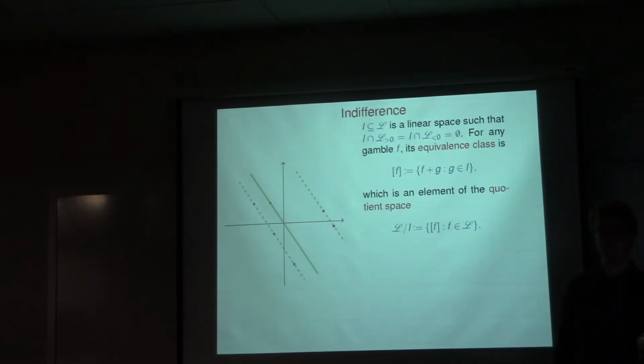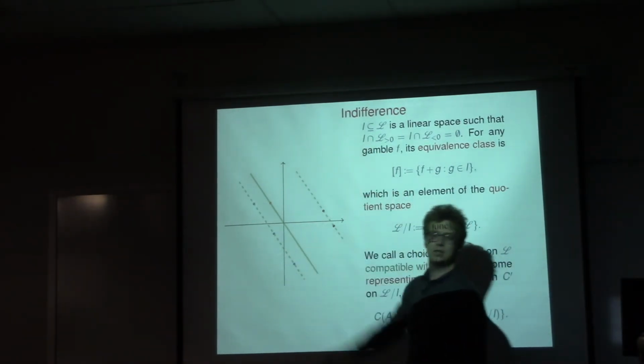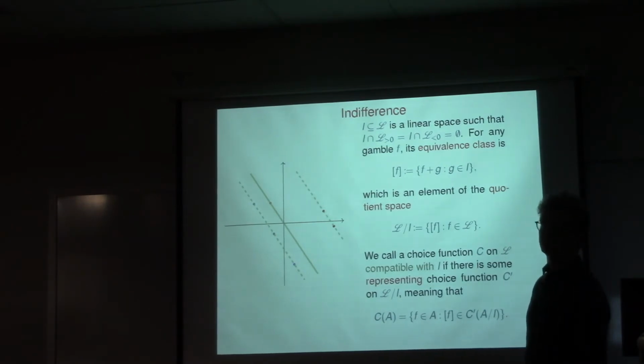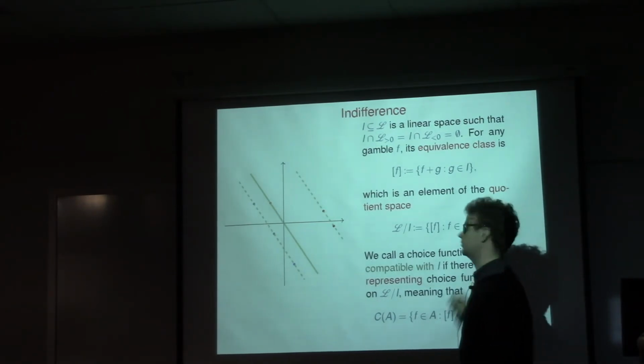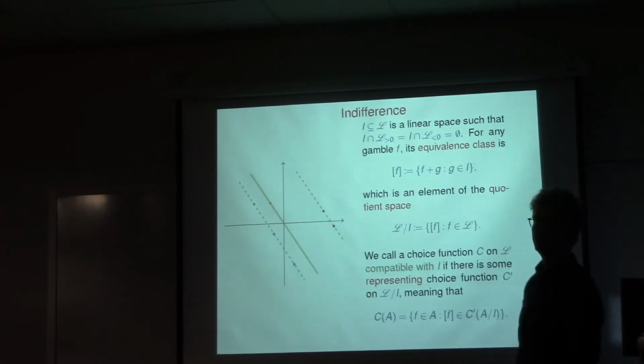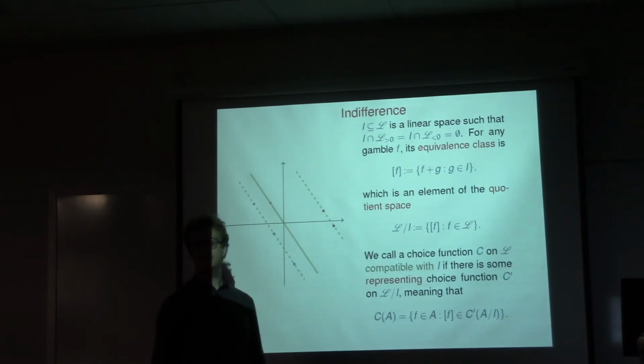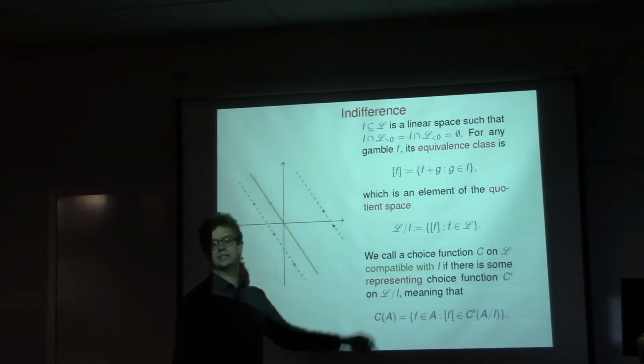So now what is my definition of indifference? Or when is the choice function compatible with this assessment? Well, it is compatible if there is a representing choice function on the quotient space. By representing, I mean that it completely, uniquely defines my original choice function.